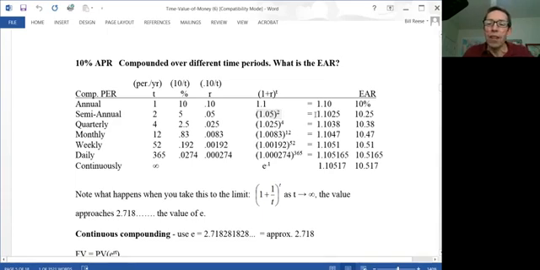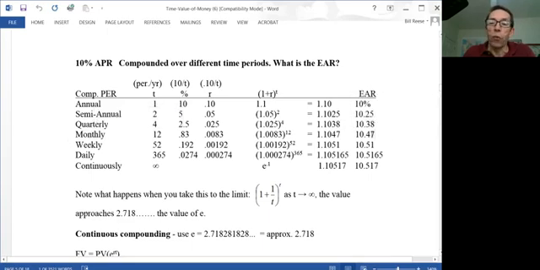That's going to give you this number, and then you subtract the 1 from that, and that gives you an effective annual rate of 10.25%. So if the compounding is annual and the APR is 10%, you're getting 10% every year. But if it's semi-annual compounding, you're effectively getting 10.25%. Quarterly compounding, then it's effectively going to be 10.38%.